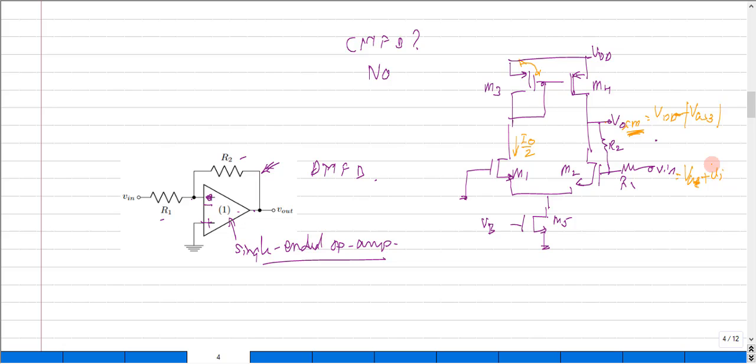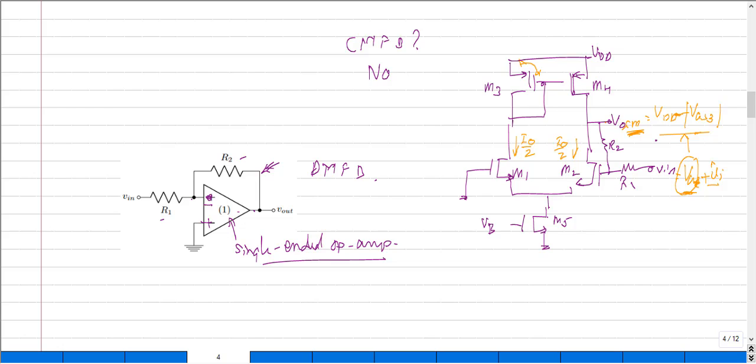So there is a kind of differential signal, right? This quantity signifies that the current drawn through these transistors would be equal to I0 by 2, and in turn it defines the DC component of the output node here, right?